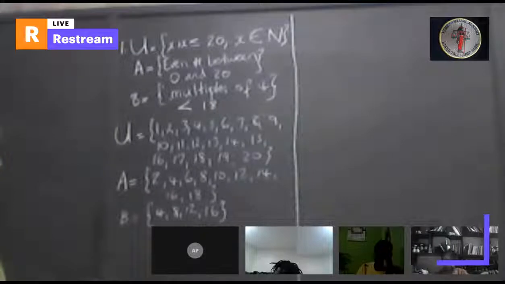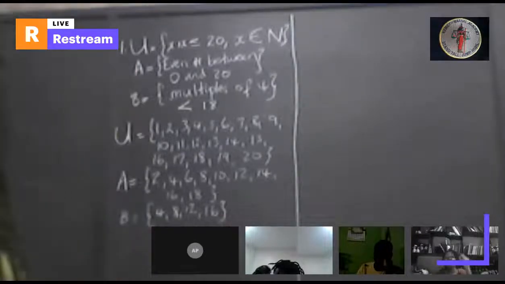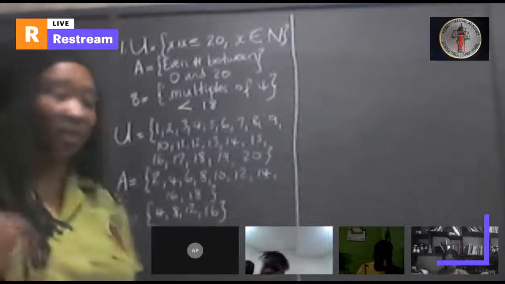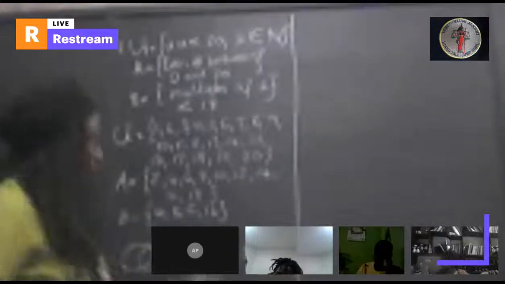So we're going to draw the Venn diagram. But how are we going to draw it? Are the sets going to overlap like this? They're going to look like that, or they're not going to intersect? Are they going to be disjoint?